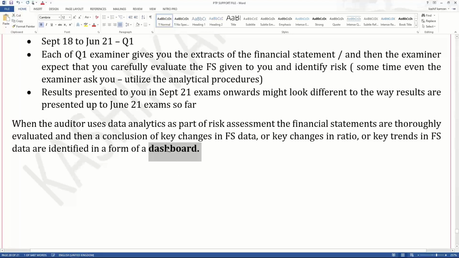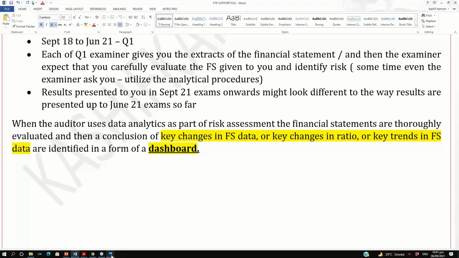That dashboard shows you the key changes in the financial statement data over the last year, the key changes in ratios, and the key trends. So it shows you a summary of how the data has changed.